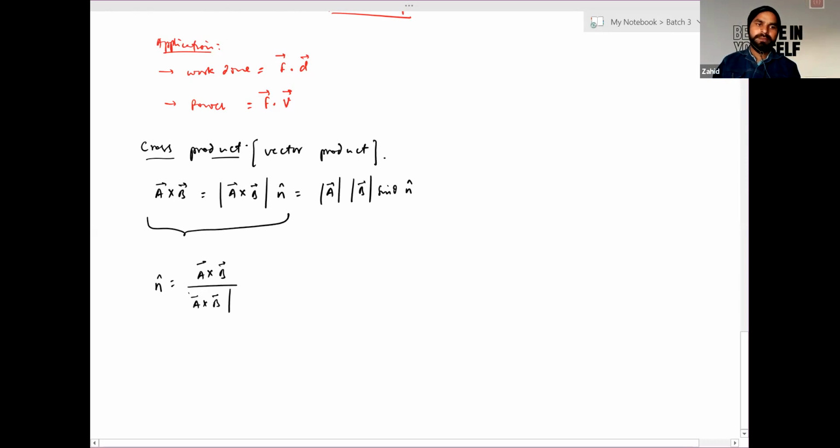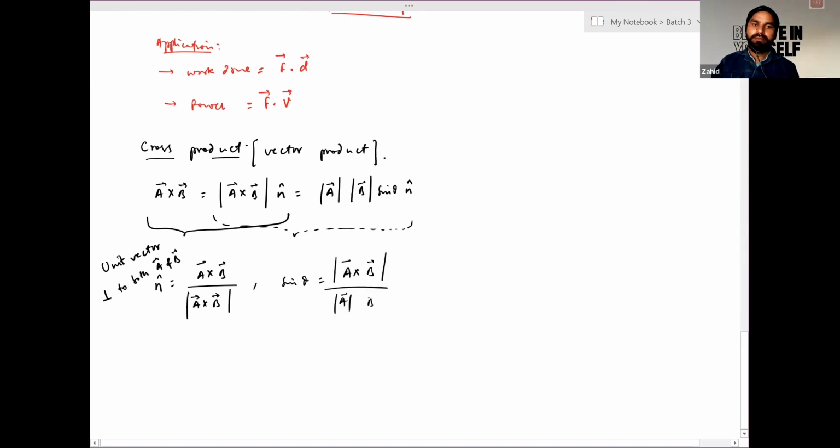So this n cap is a unit vector which is perpendicular to both A and B. Similarly, if you relate the first, second, and third, n cap and n cap will cancel out, so you get sine theta equals |A cross B| divided by |A||B|.